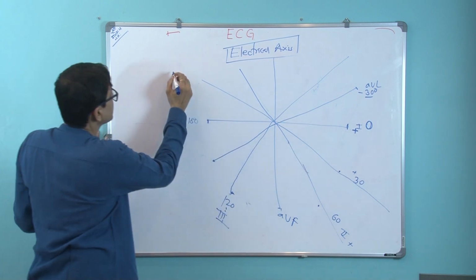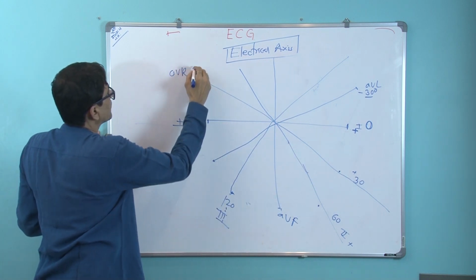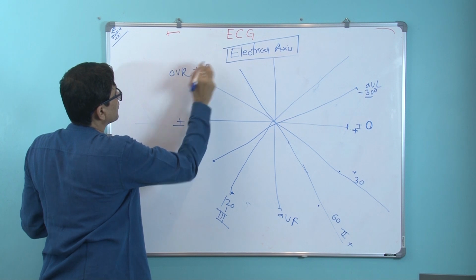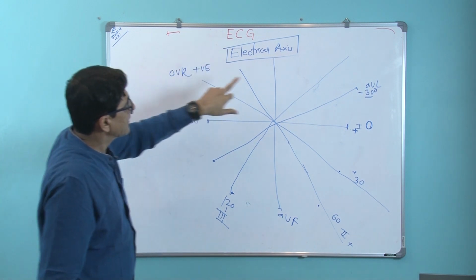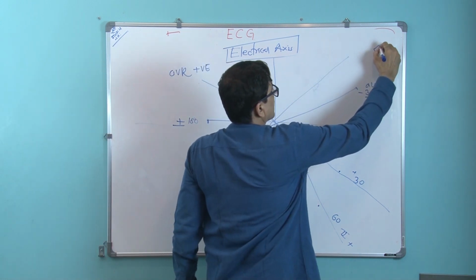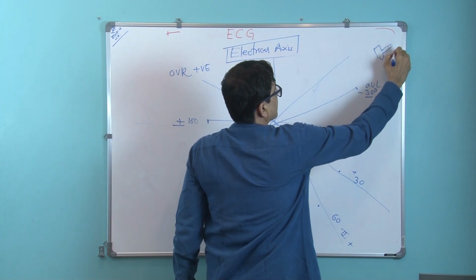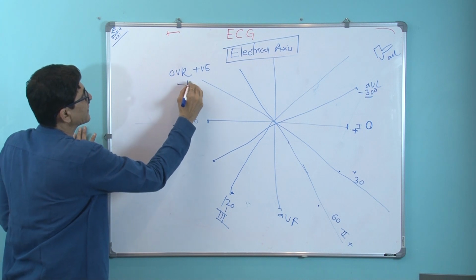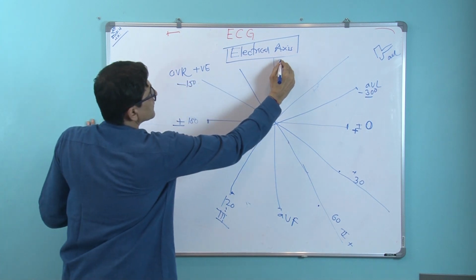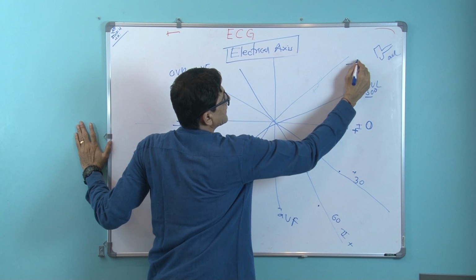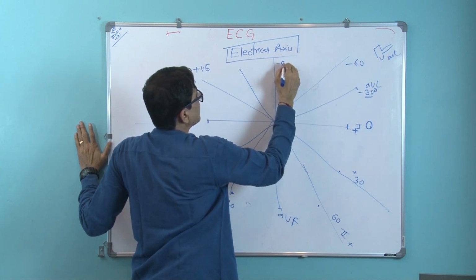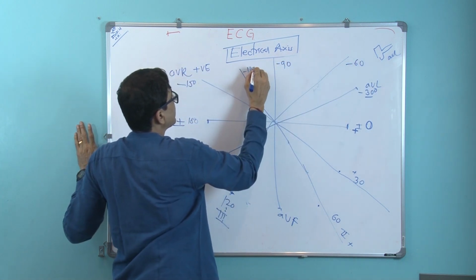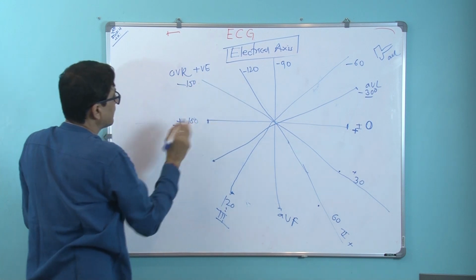So this is AVR, positive. So AVR, this is AVL, AVR. So AVR is minus 150. See, this is minus 60, minus 90, minus 120, minus 150, plus 180.